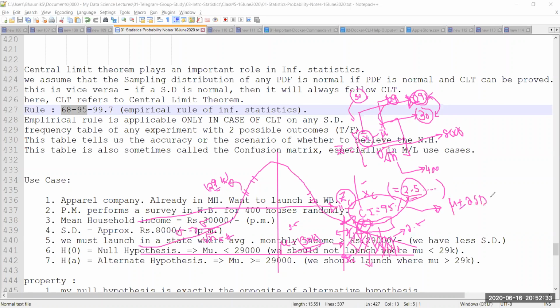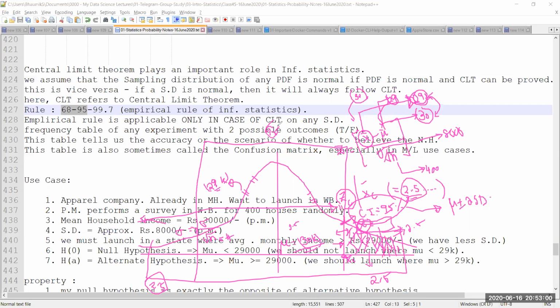This much range I'm trying to cover. Then, if it is anything beyond this, on any of the sides, then I can simply reject the null hypothesis. Now, how do I do that? If this portion is what covers 95, and this entire graph is that of 100, then it is very clear this part is 2.5 and this part is 2.5.